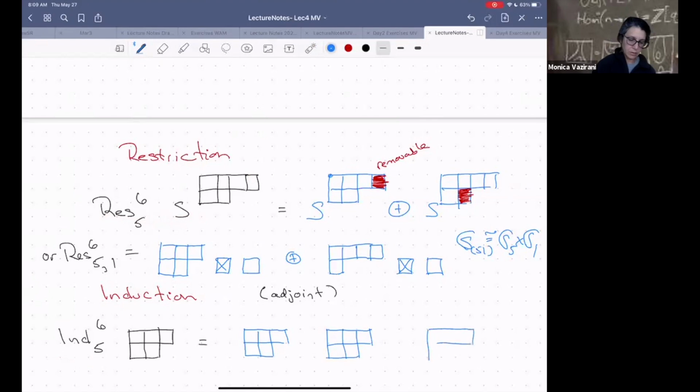Again, I just need to look back at Young's lattice and see what lies below this. But in the same way that I don't have to draw the lattice above, I could just think about what partitions of 6 contain 3, 2, is to just draw this picture and think about what are the boxes that I could add and still have a partition with that same origin.